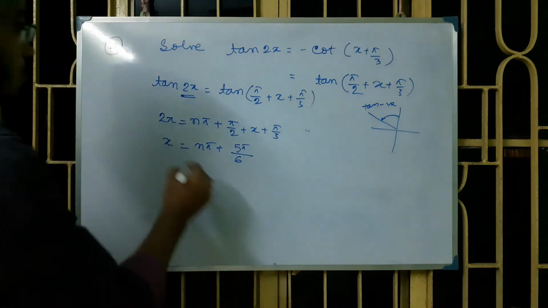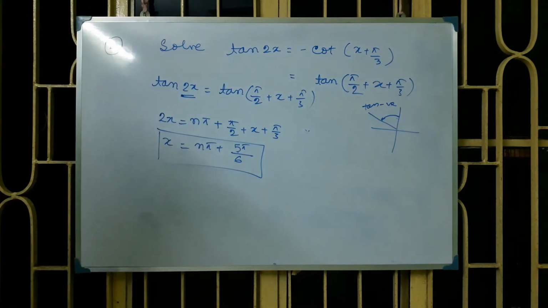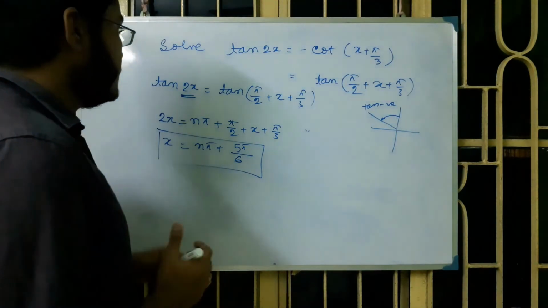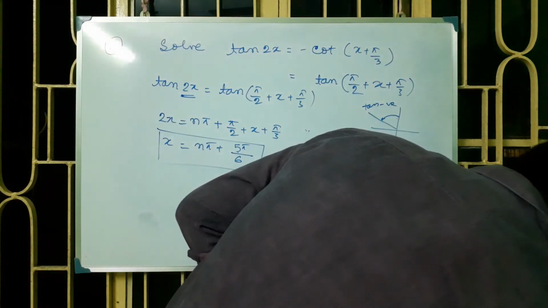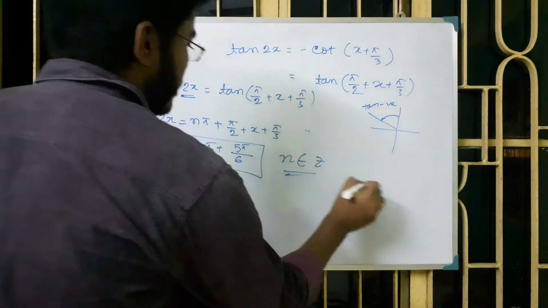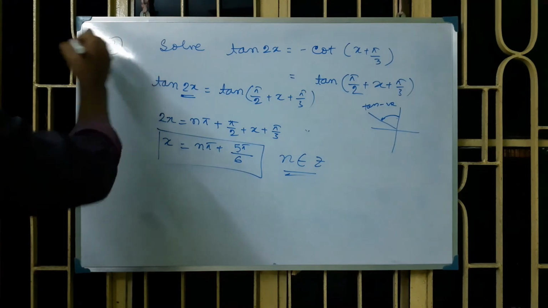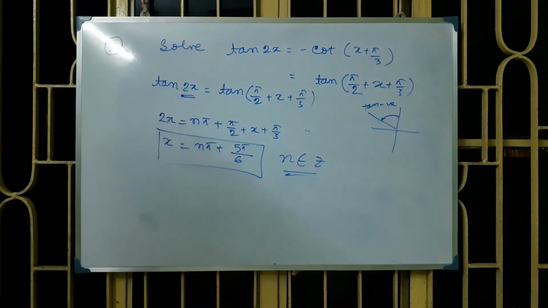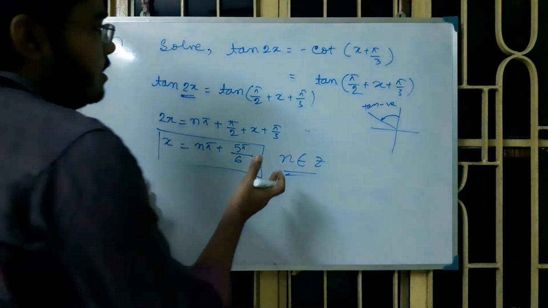So that is the solution. N pi plus 5 pi by 6 is the value of x, and we have to write that n belongs to Z. This is very important. It may be question number 3. That's how we solve the general equations.